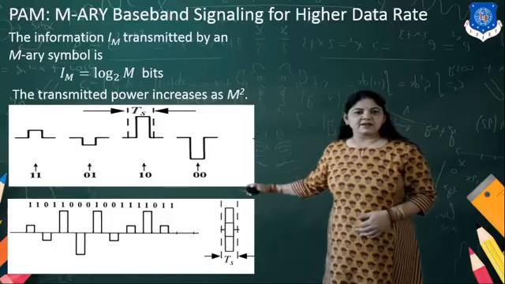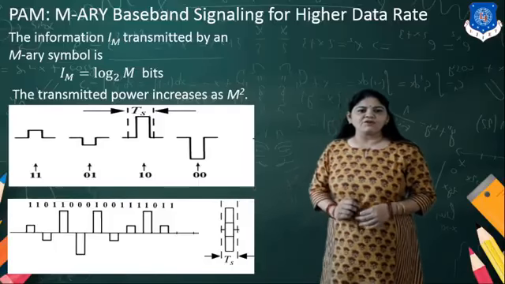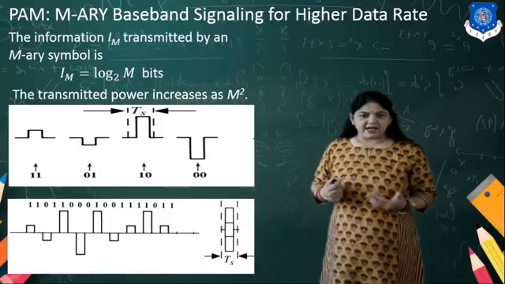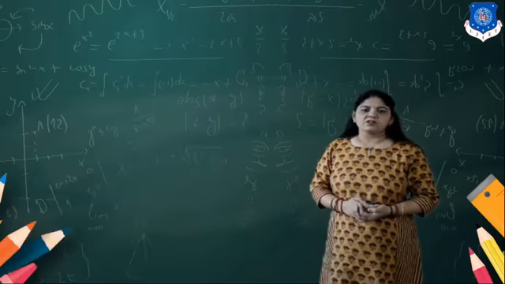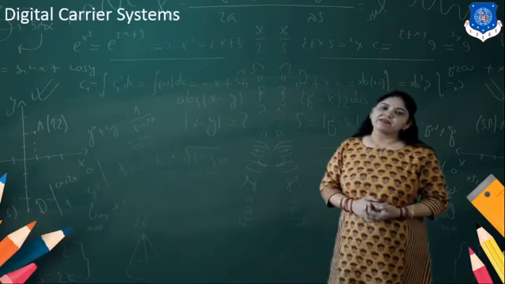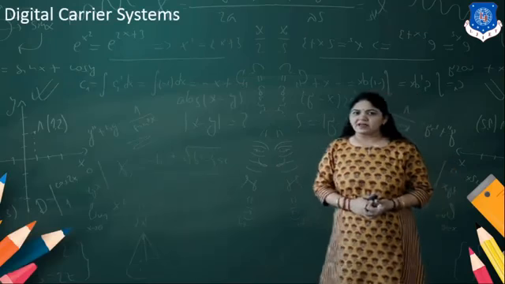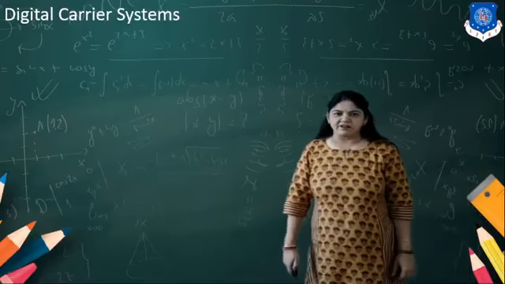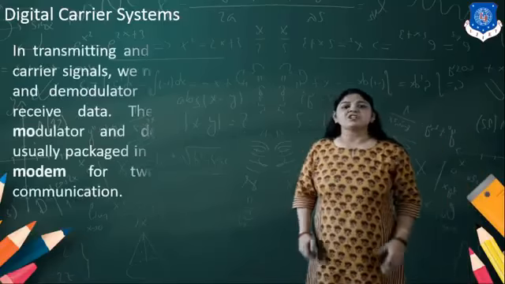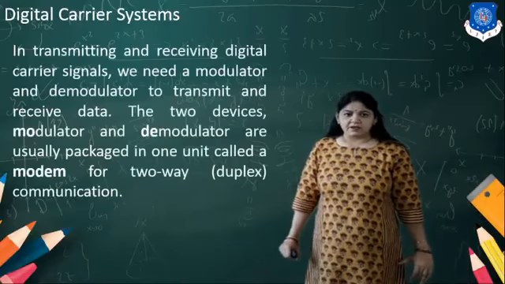Here you can see the whole diagram of the data, and here it is in the form of symbols. So this way we can transmit a higher number of bits over the communication channel. Next is the digital carrier system.